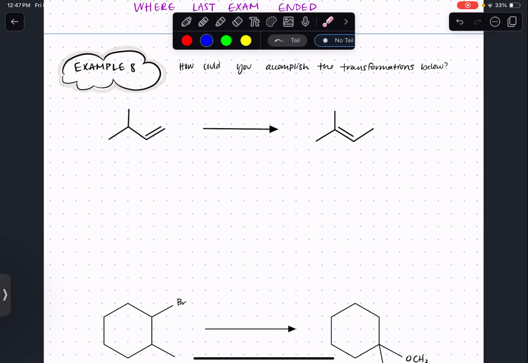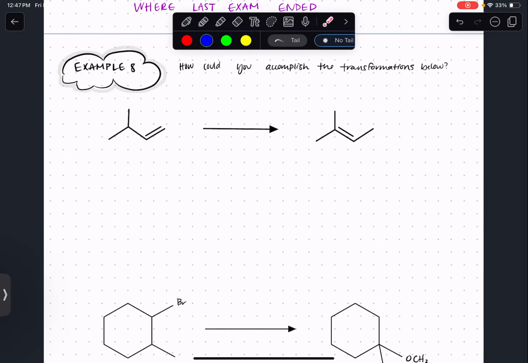Because if you don't know one, then you can get stuck and then you can't finish the problem. So, I think that this first one is a little bit more straightforward than the second one. I tried to make sure it was a little more forgiving.